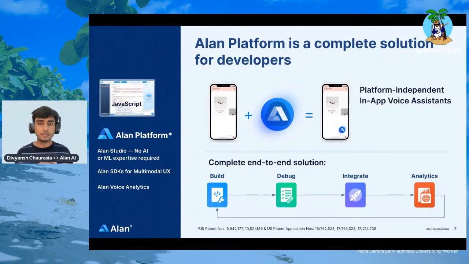You can think of it as ordering something on Swiggy or Zomato, and you have the Alan button inside where you can interact with the whole application with your voice, and you can order your favorite food just with voice. Just to let you know, the Alan button is completely customizable. You can customize it according to your brand's persona, and it's very easy to integrate.